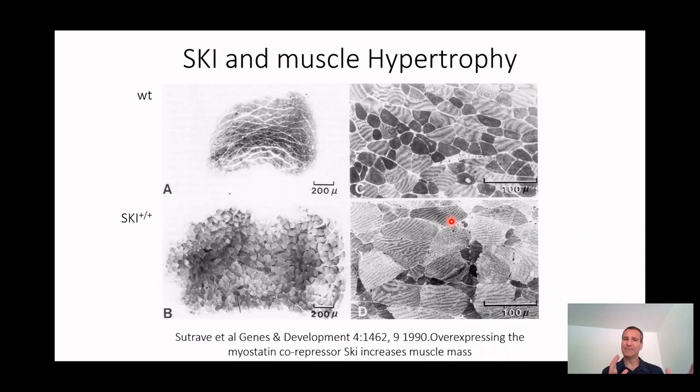So again, if you put in SCI or SNO, or you put in Notch, or you put in follistatin, or you break the activin receptor, or you put in the myostatin propeptide, now you've blocked the myostatin pathway and you get this nice huge increase in muscle fiber size. And again, it doesn't matter where along the pathway you block it, blocking it at any point is going to result in this huge increase in muscle fiber size.